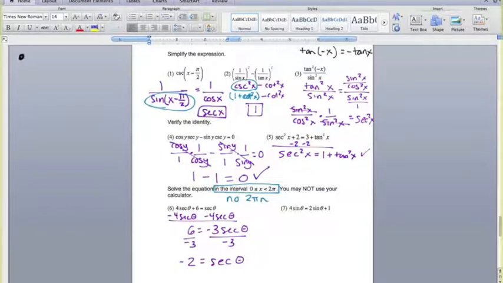Second step, figure out which angle this thing is talking about. So I can write anything as a fraction by dividing by 1. Secant doesn't have a SOHCAHTOA, but it's the reciprocal of what? Cosine. And cosine is adjacent over hypotenuse, so this is then hypotenuse over adjacent.